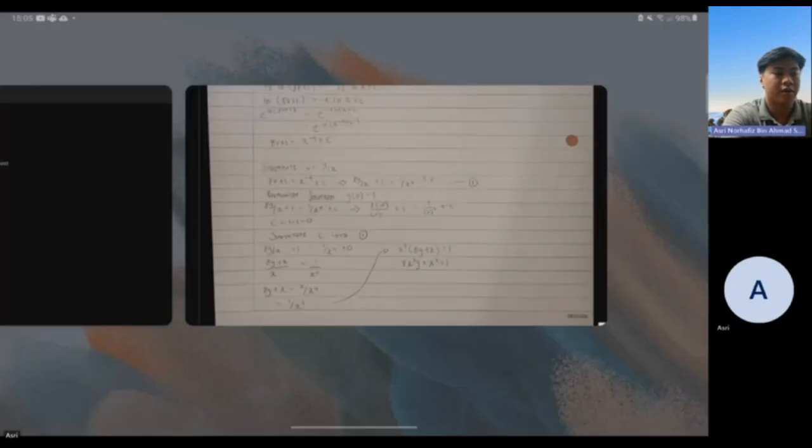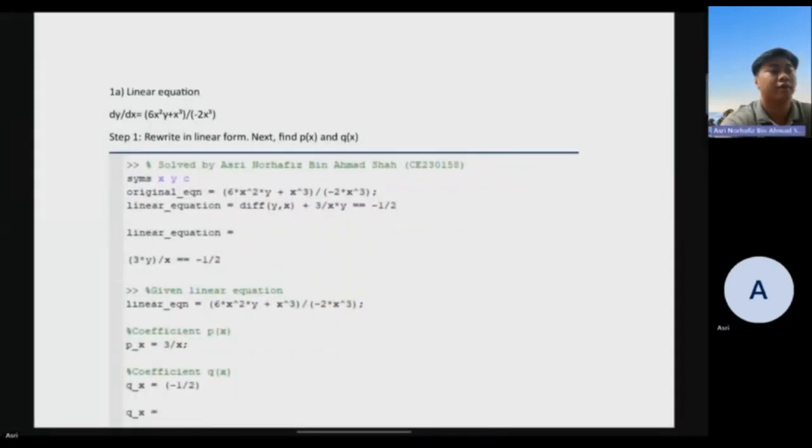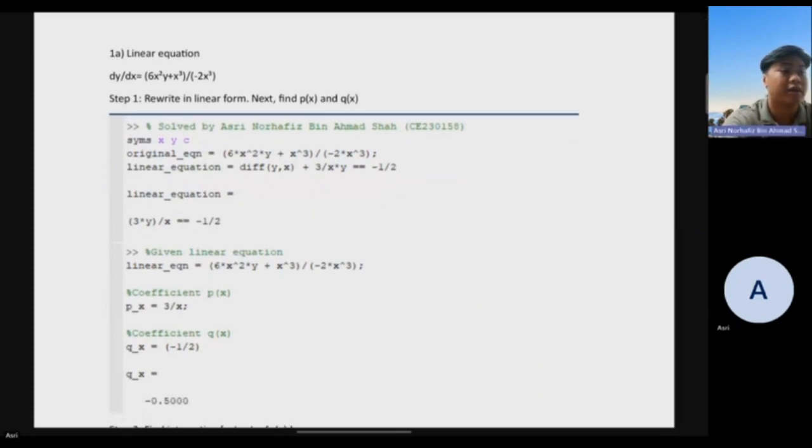I'll be showing my MATLAB simulation. First, for the linear equation. Step 1, I rewrite it in linear form, and then I find the P(x) and Q(x).